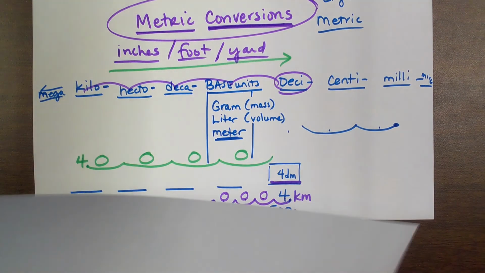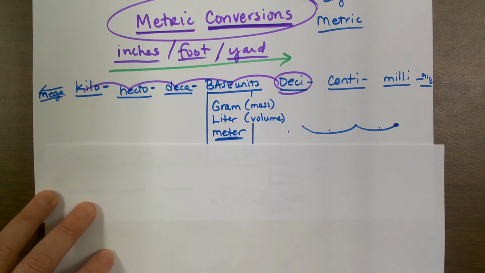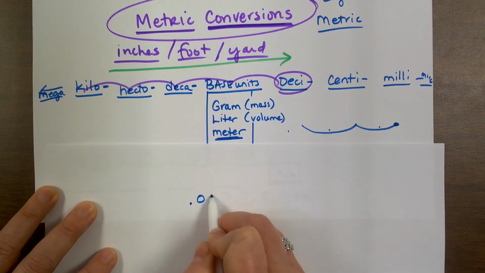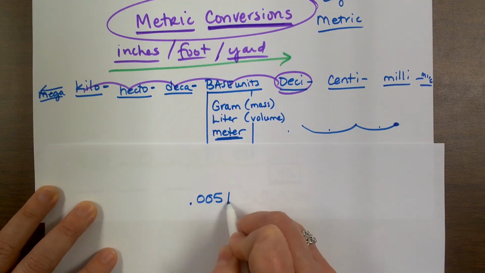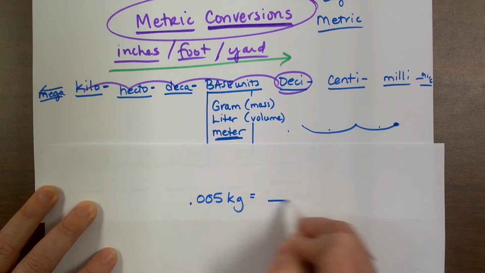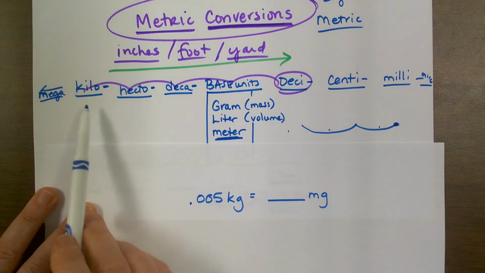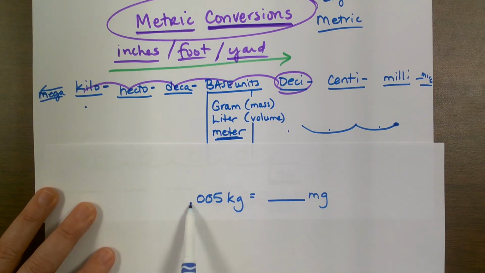Another example. We'll do 0.005 kilograms equals how many milligrams? Okay, so we're going to start here at kilogram. Now this one has the decimal for us, so that's nice. So we're going from kilogram all the way to milligram.